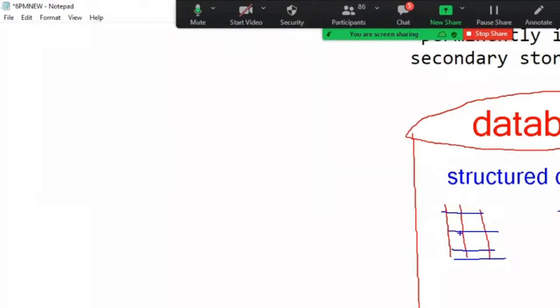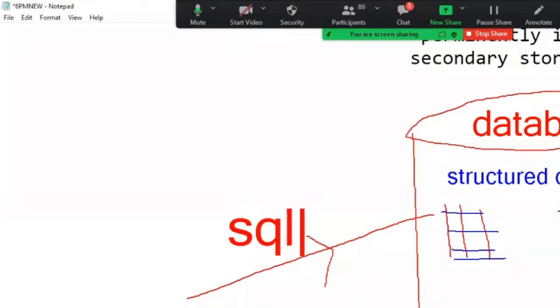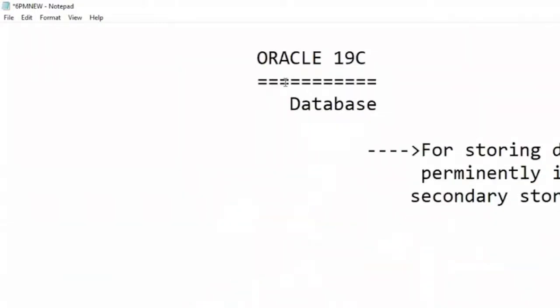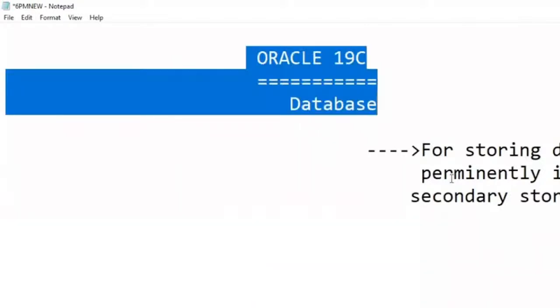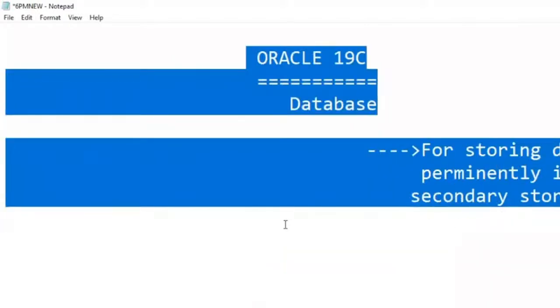Once a structured collection of data is there, for handling and operating this data, which language do we use? Very good. SQL, structured query language. That's why these types of databases are implemented based on the relational data model. What is that? Today I will tell you.